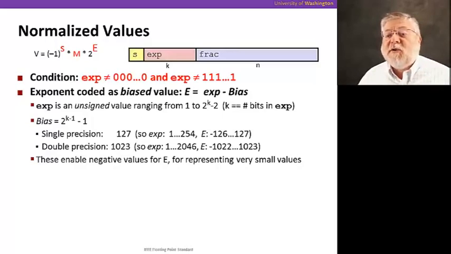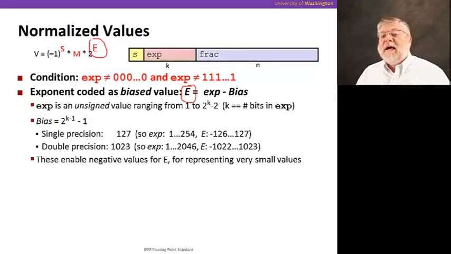Basically, the real exponent that we want on the number, the value E, the exponent of the power of 2, is going to be represented using this exp field, the exponent field, minus a bias. Okay? And the bias is an unsigned value ranging from 1 to 2 to the k minus 2, where k is the number of bits in the exponent field. So we're going to use a bias of 2 to the k minus 1, minus 1.